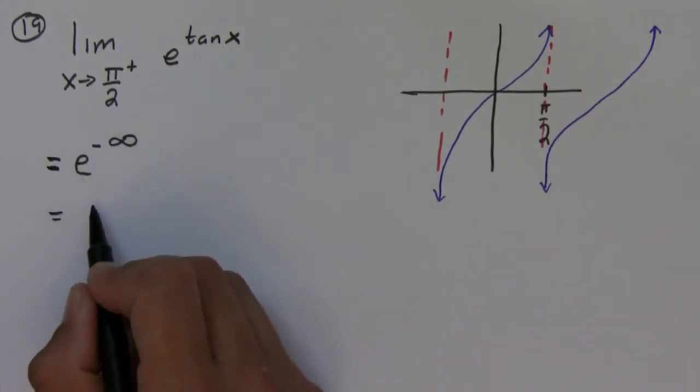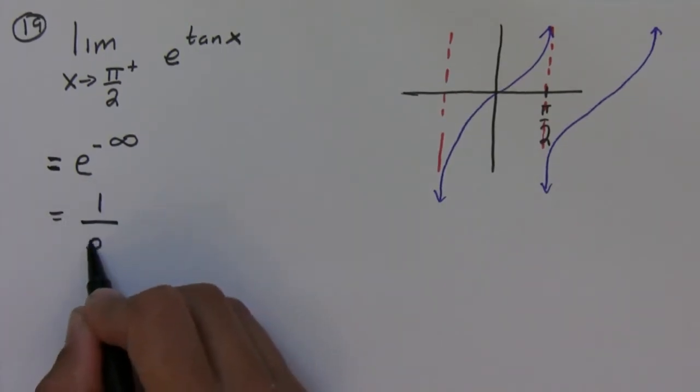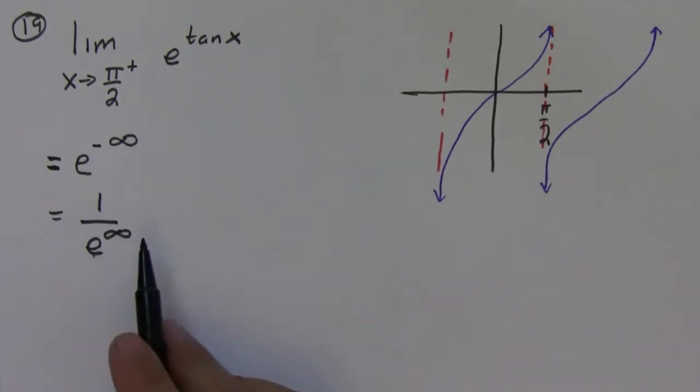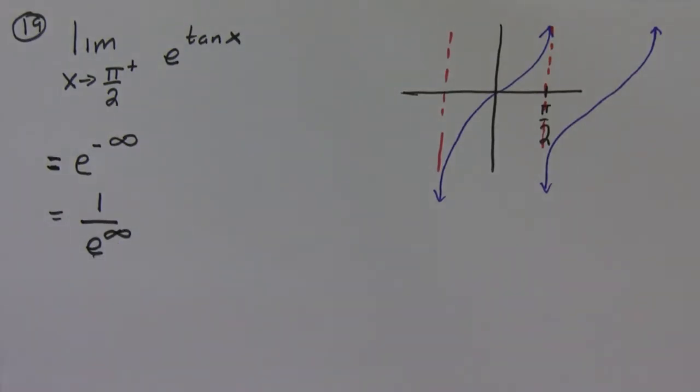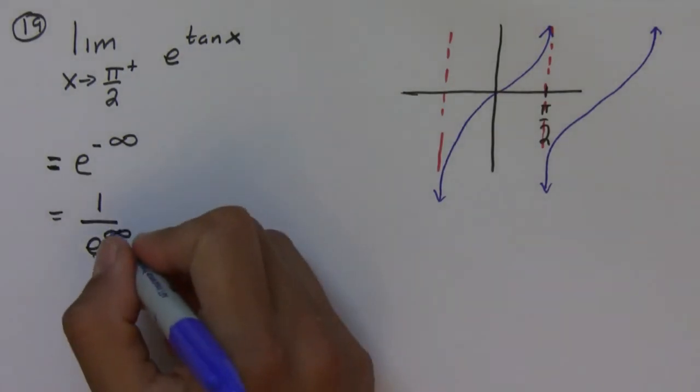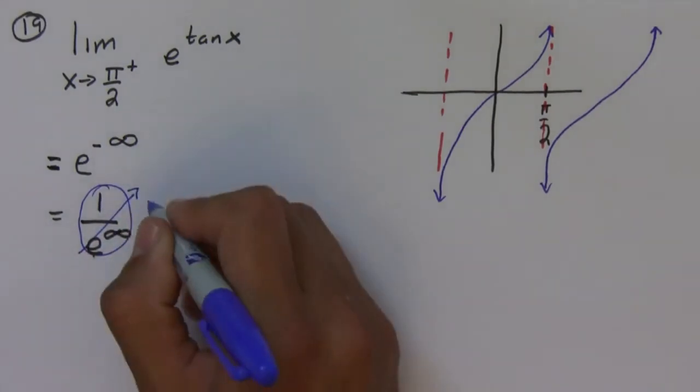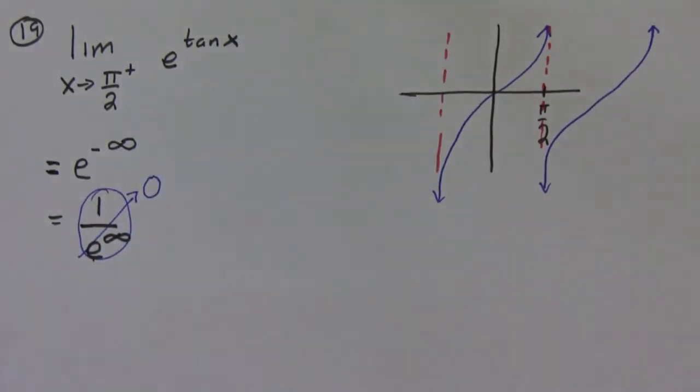To make sense of negative exponents, we turn them positive. So this is the same as 1 over e to a very big number. And e raised to a very big number is simply a very, very big number, so the denominator is getting bigger and bigger, and this is going to 0. And so the answer is 0.